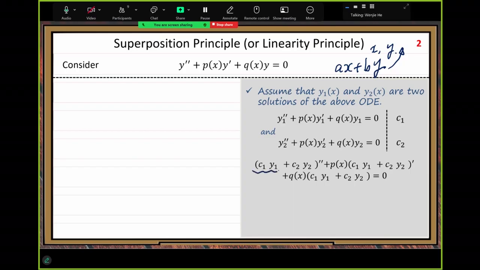inside the parenthesis, we get a new expression. That's the linear combination of y1, y2, right? Based on our definition of linear combination. Let me write it clearly. Linear combination.